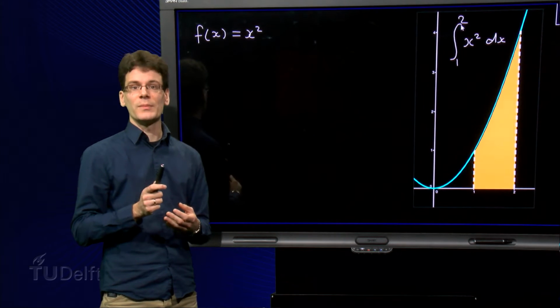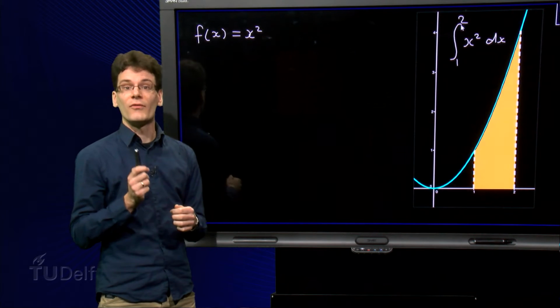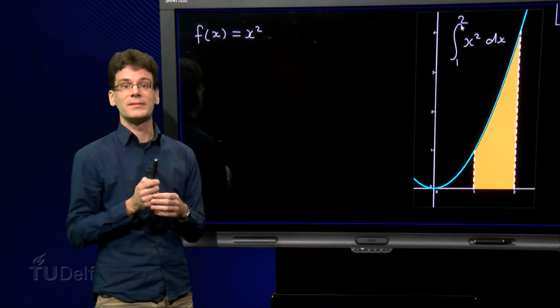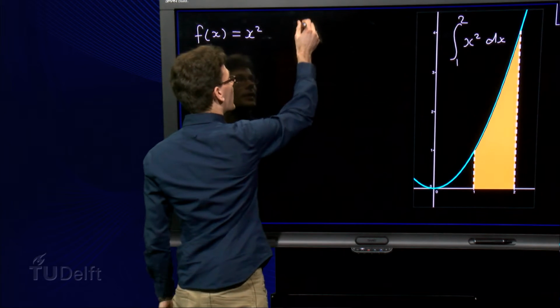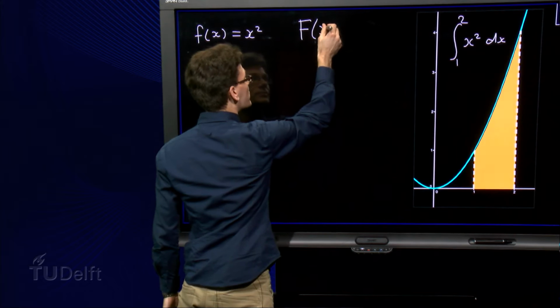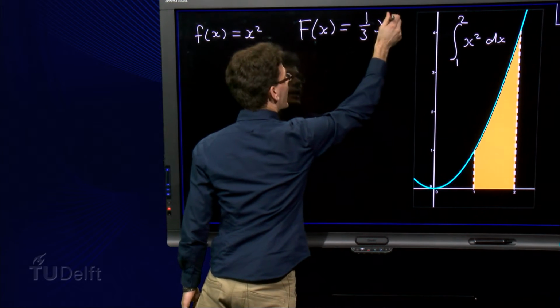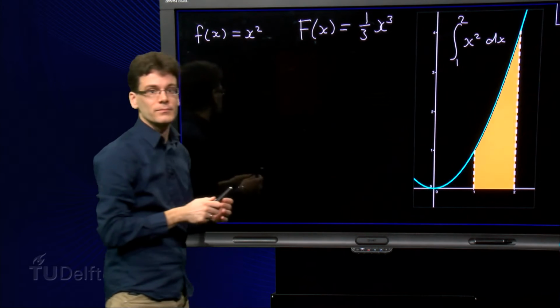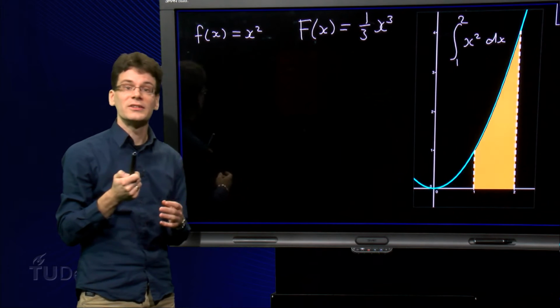We need to find a primitive function of the square of x. That is, find a function which has x squared as derivative. Note that the following function will do. Capital F of x equal to 1/3 times x cubed. To check that this is indeed a primitive function, we calculate the derivative.